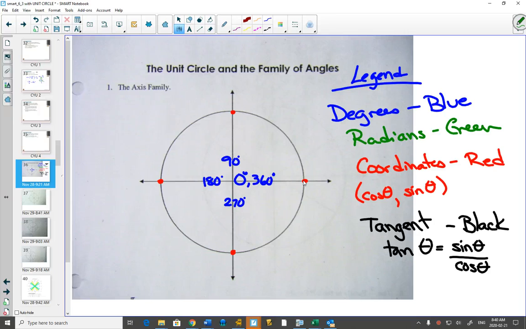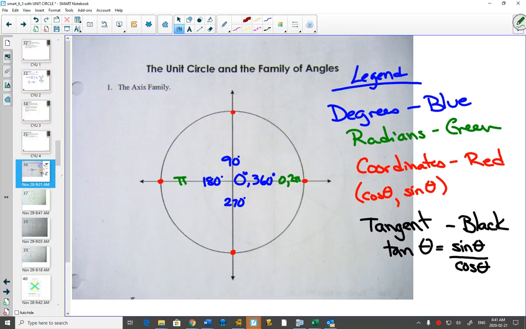Converting these to radians. Well, 0 is really easy to convert to radians because that's also 0. And we know how many radians are in a circle? 2 pi. So all the way around would be 2 pi. Probably the next one that I would figure out is 180 degrees, because that's halfway around. If all the way around is 2 pi, 180 degrees would be pi radians.